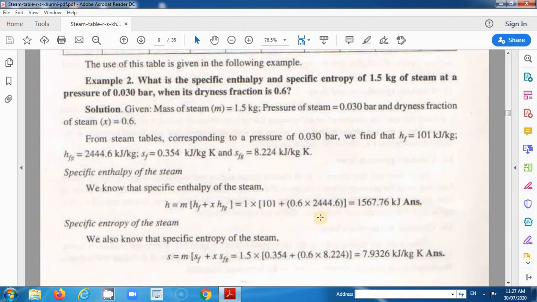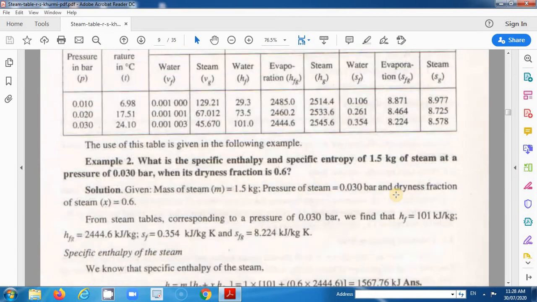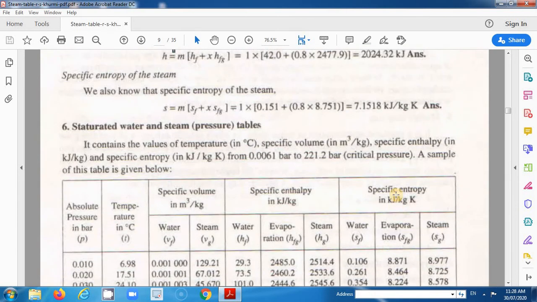Accordingly, you can do the calculations and make these corrections. Try to understand only the formula, how it is used. The only change today is that instead of mass 1, we keep that value as 1.5 here, and accordingly you can change your values. After calculation some figure will come. In the last numerical we calculated the specific enthalpy and entropy, and similarly here also.